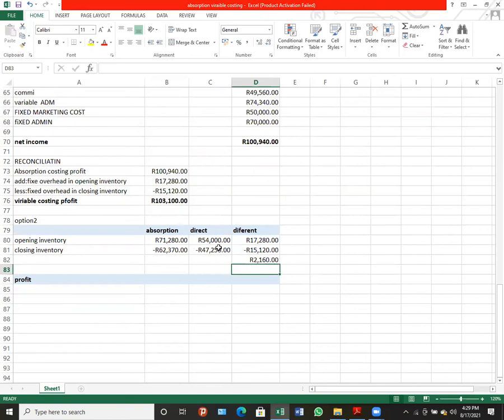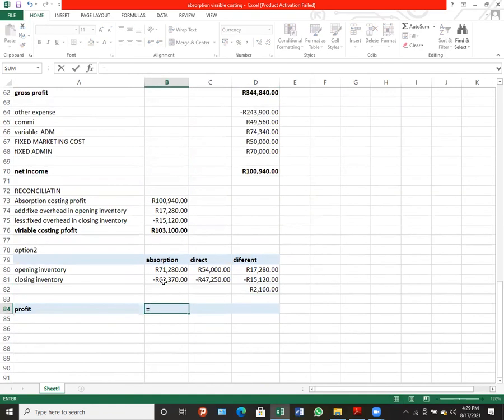Let me check, guys. Let's check. The difference in absorption profit and direct profit should give me the same difference. I'm going to take this one, which is my absorption profit, and this one represents my variable profit.